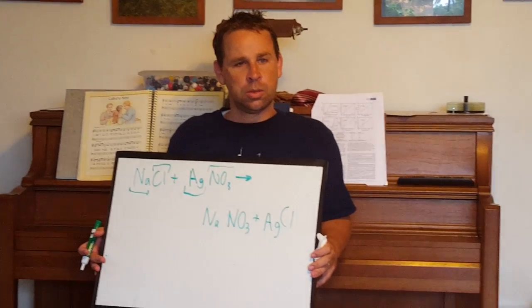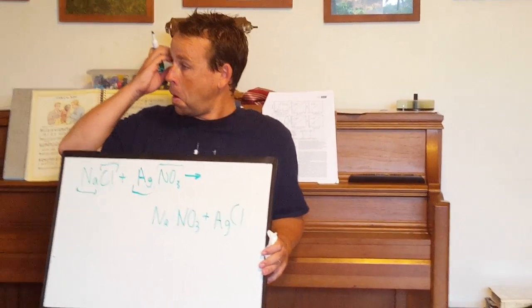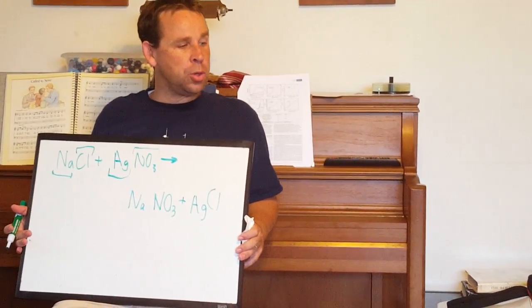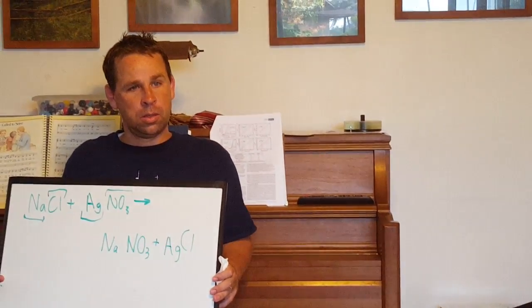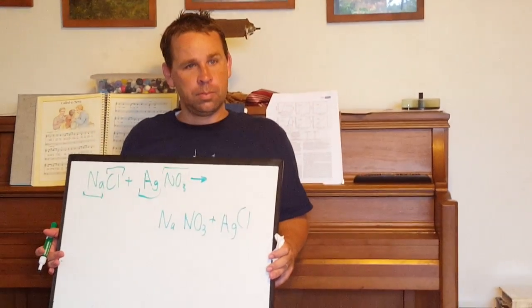Rule 3: all salts containing chloride, bromide, or iodide ion are soluble except when combined with silver, lead, and mercury.